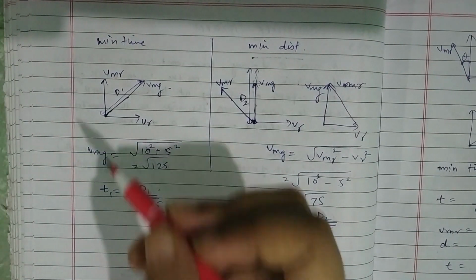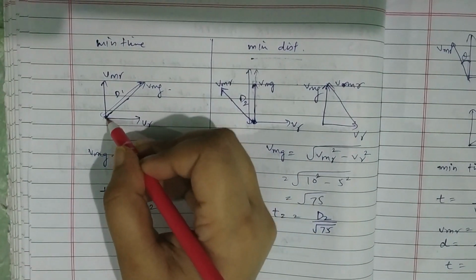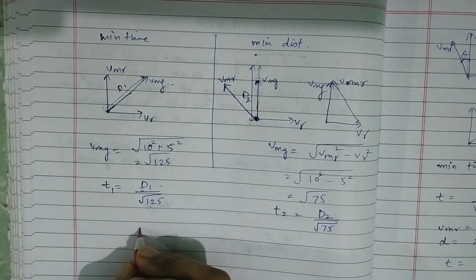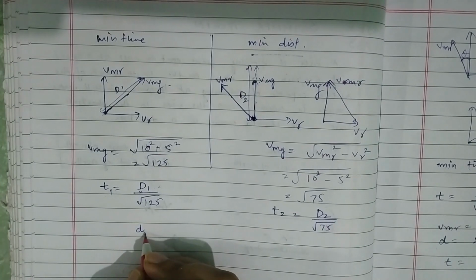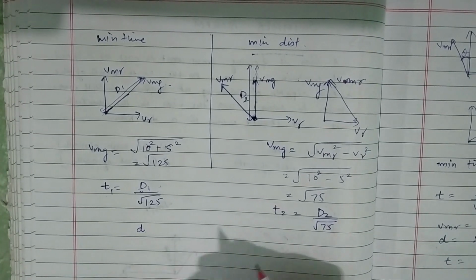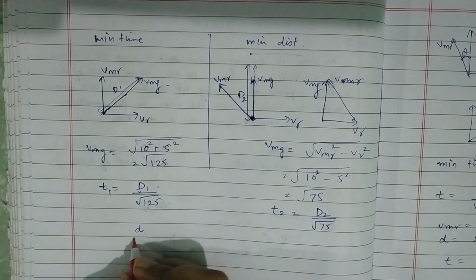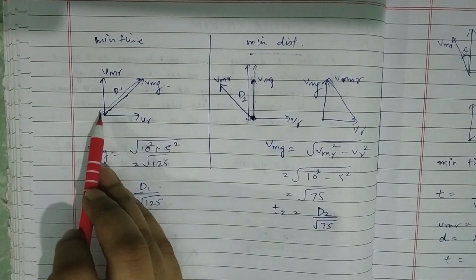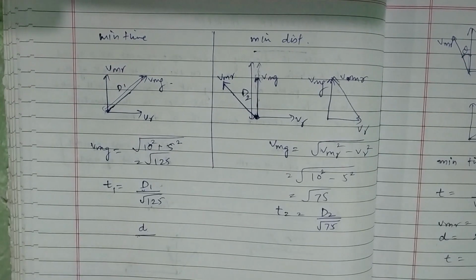Let's say the man is trying to cross the river, and the distance he is going to travel is d, right? So this d2 is d anyway, okay? So d divided by, now what is the velocity that will help him to cover this final distance?